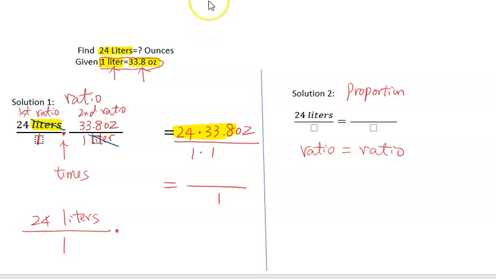We just talked about how to multiply decimals. So I'm going to write down 33.8 times 24. To multiply decimals, we first ignore the decimal point. So we pretend this decimal point is not here. We just multiply 338 times 24.